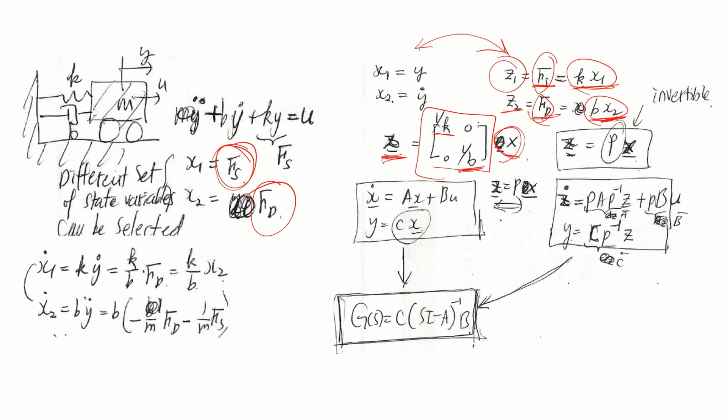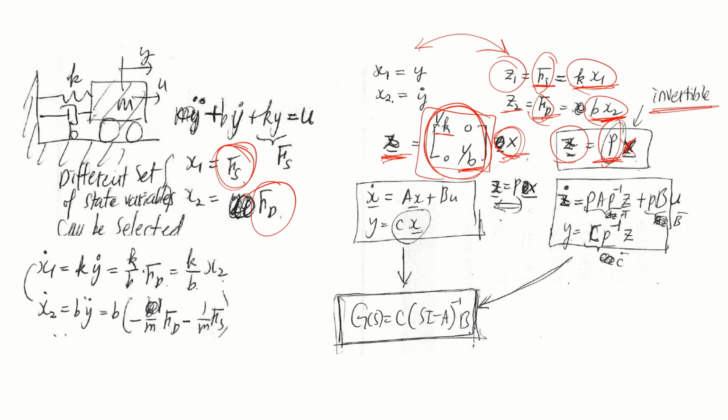Okay, so the matrix that relates these two state vectors is now called the P matrix. Then Z is equal to P times X, and P is normally invertible. It is a one-to-one relationship. So if you know X, then you know Z, and vice versa.